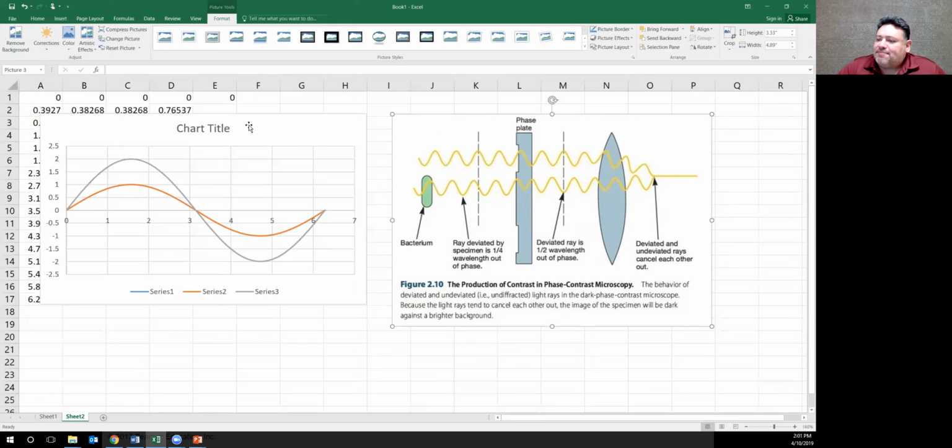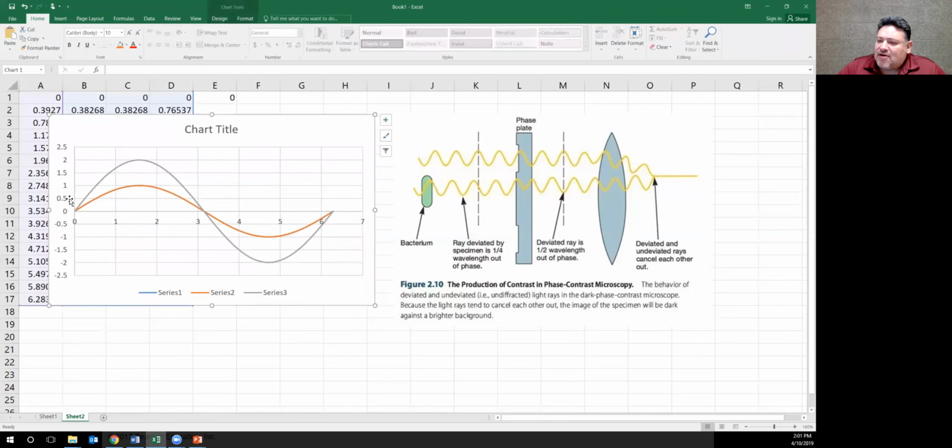And to illustrate that, I have this little guy right here, okay? This is a sine wave, kind of the way that light is a sine wave, okay? And it looks like I only have one guy right here, but it's actually two. It's an orange one and a blue that's right underneath it.